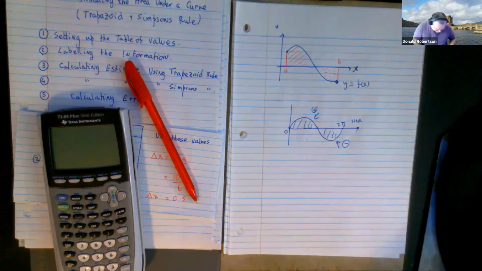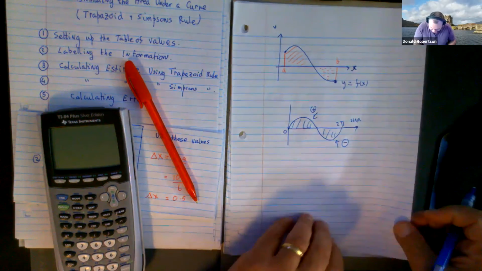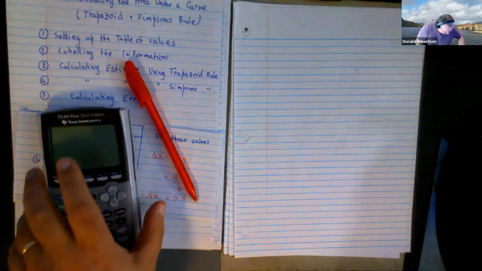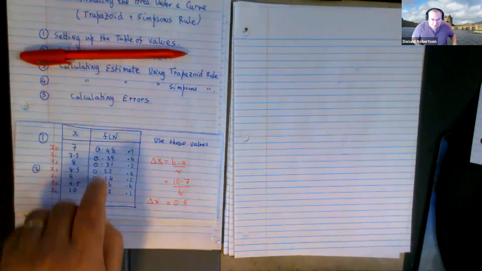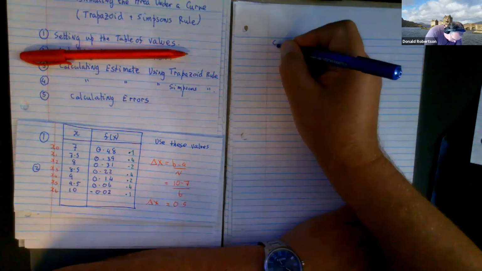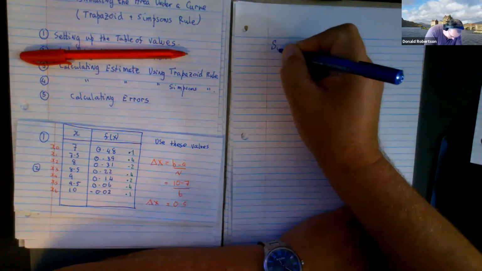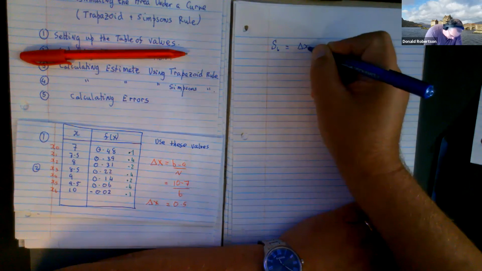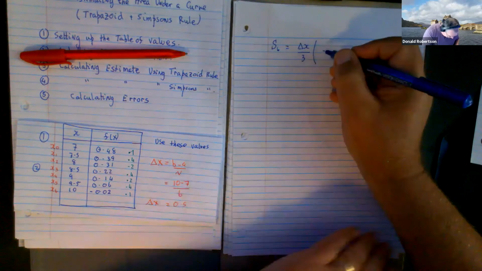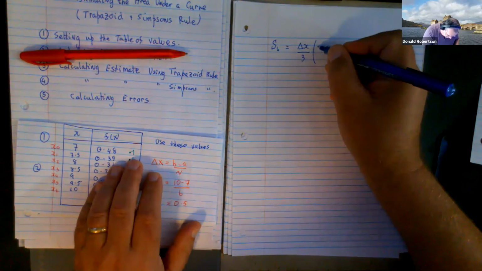Okay. So let's go back to our puzzle. How do you do Simpson's rule? Same table, different formula. It's called S6, and it's delta x over 3. And now the pattern gets even messier than the one we just looked at.